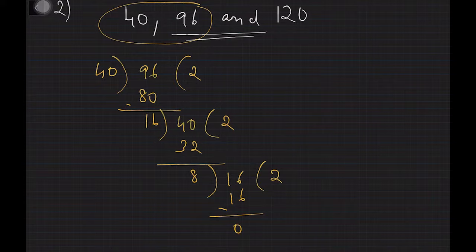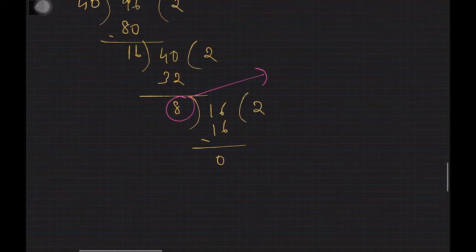So we end the division process here because we get 0 when we divide 16 by 8. Now this is the last step of the division process. So the divisor of the last step will be the HCF of the numbers 40 and 96.